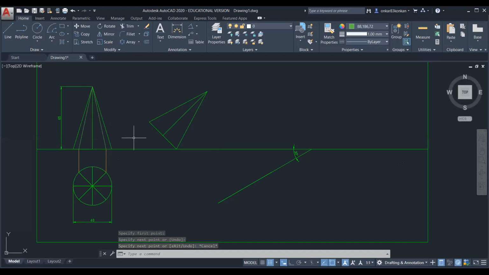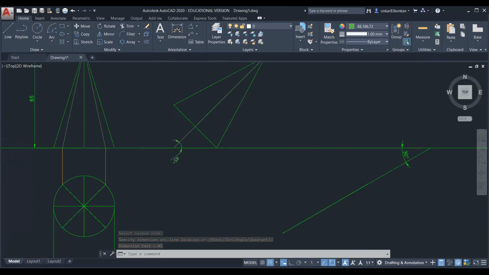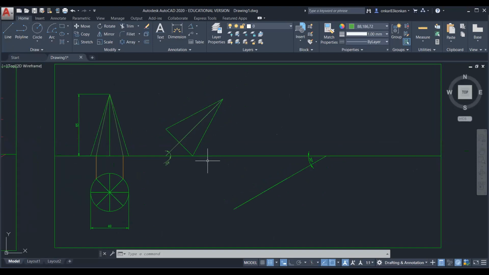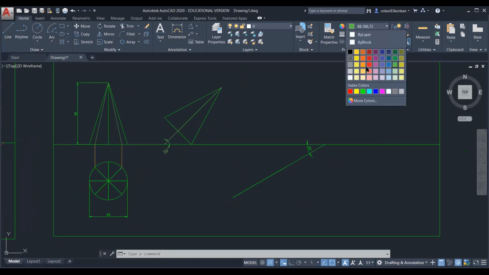Now for the second stage, you will rotate the first stage front view. So this axis line must be at 45 degree. So this angle is 45 degree with respect to the horizontal plane. And then complete the front view as it is compared to the first stage. Now take the projectors in the top view.